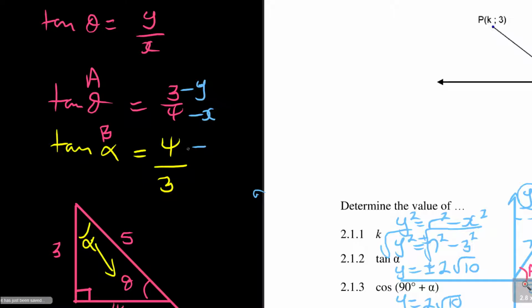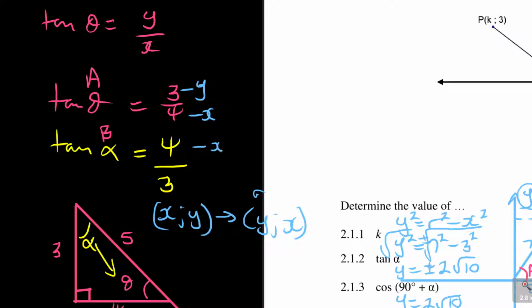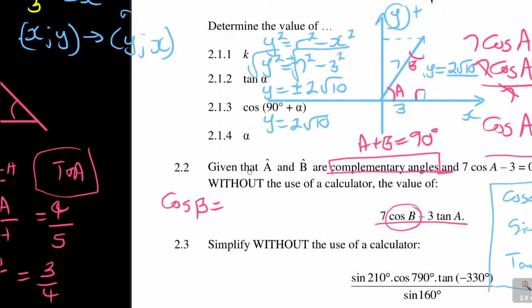Now it has moved from X, Y and became Y, X. Do you see the interchange? Because X now, this is X, this is Y, this is still X. So initially, if you start comparing, X was 3, now it's 4. So XY became YX. Are you seeing that? So it means here the coordinates also interchange.